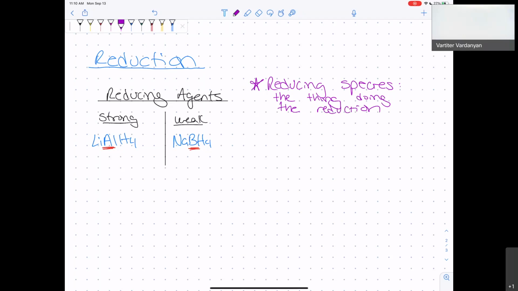What do you guys think? H minus. So if he asks you for a reducing agent, it's those two. If he asks you for a species or the thing that's actually doing the reducing, that's H minus.